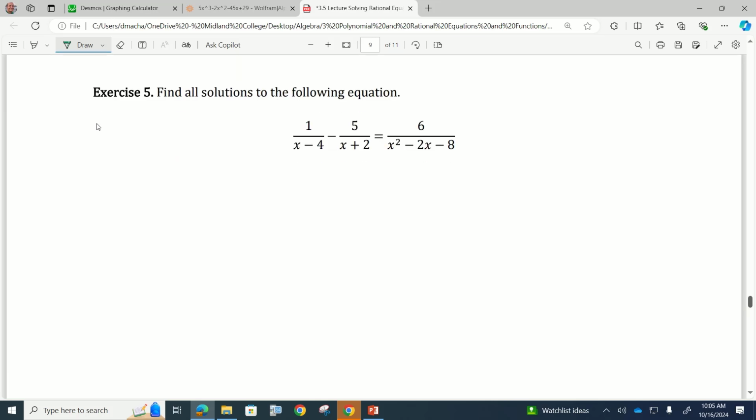This one says, find all solutions to the following equation. Let's see how this one goes. Step number 1, I want to factor the denominators. So as I rewrite this, I'm going to factor the denominators.